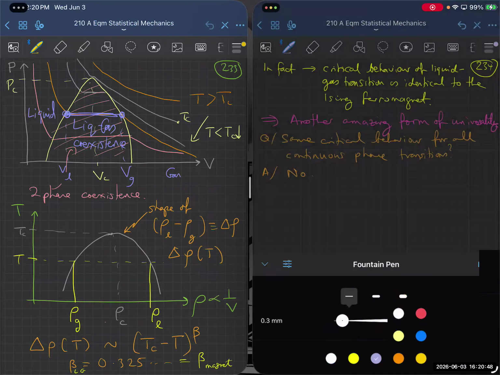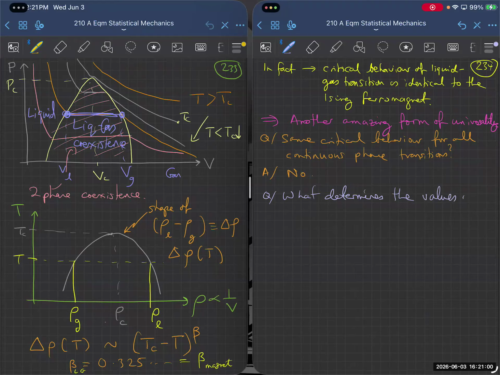Okay, next question is, what determines the values of these critical exponents? And what do we know it's not? So it's not the actual system. And it's definitely not the parameters in the Hamiltonian.